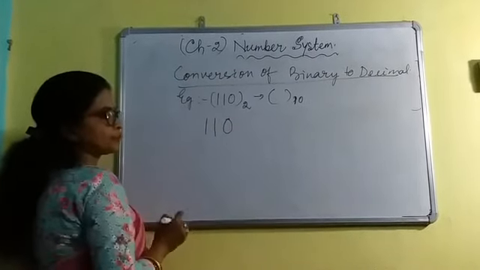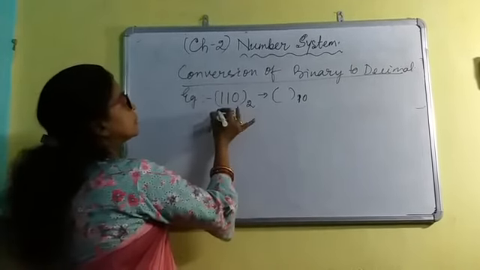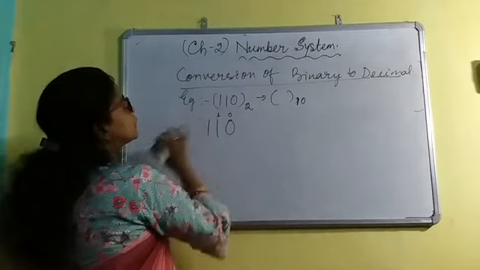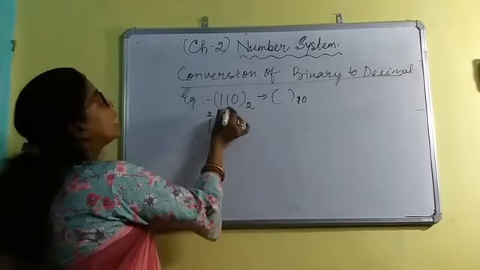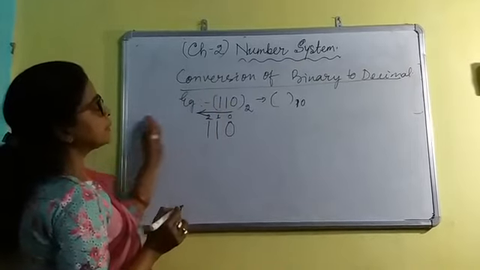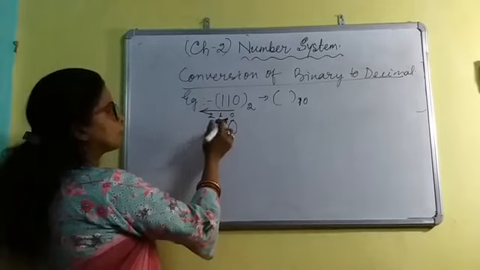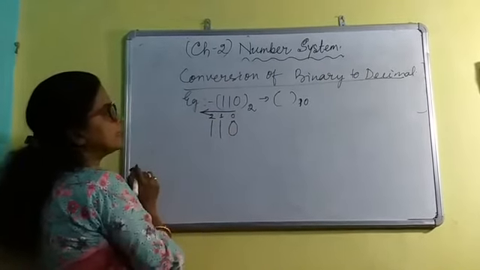1, 1, 0. So see children, the rightmost power will be 0, this will be 1, this will be 2, and this will move in this format. So to the left side, the power value will go on increasing.